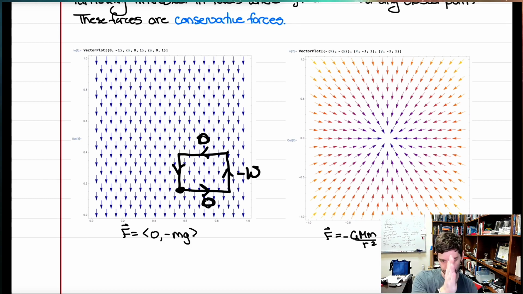But then by symmetry, I expect that this is going to give me positive W, and it's going to be the same W on the left-hand side. And if you add up 0 minus W plus 0 plus W, that all adds up to 0. Or you can imagine a path where maybe I start here and I do some sort of diagonal.